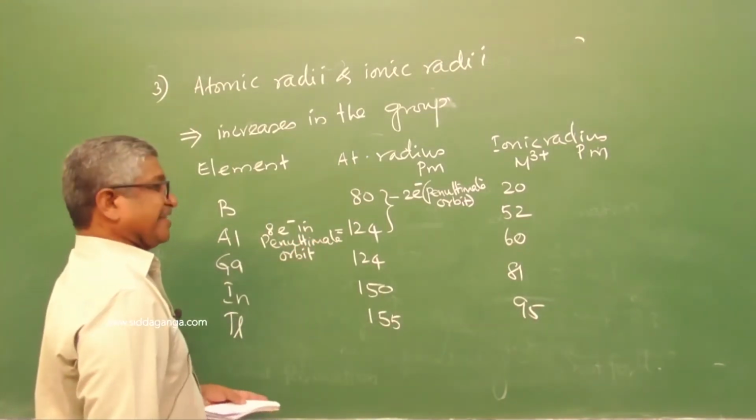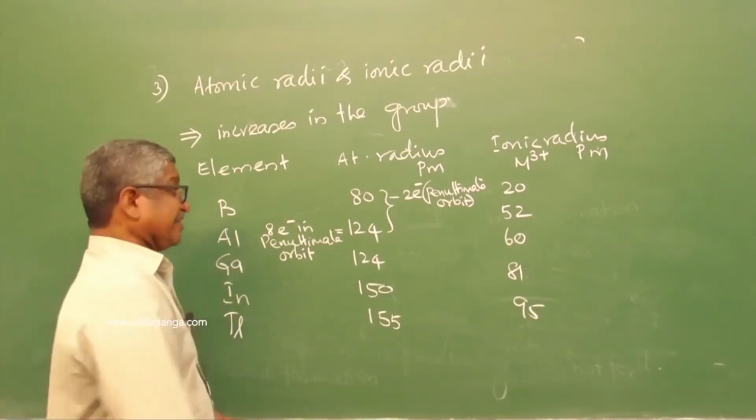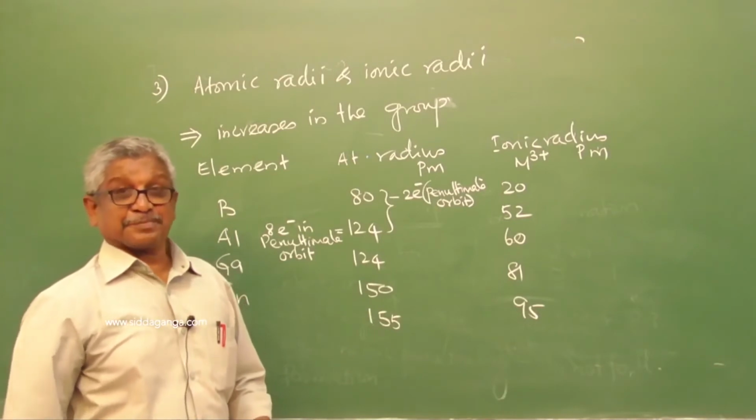So the 2 electrons and the 8 electrons give so much of a difference in the atomic radius.